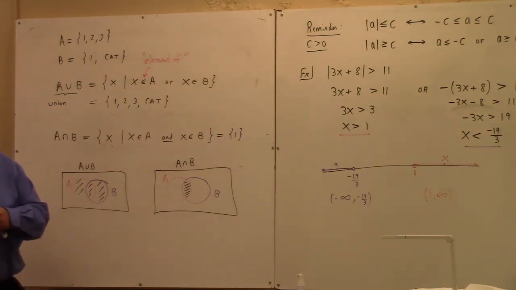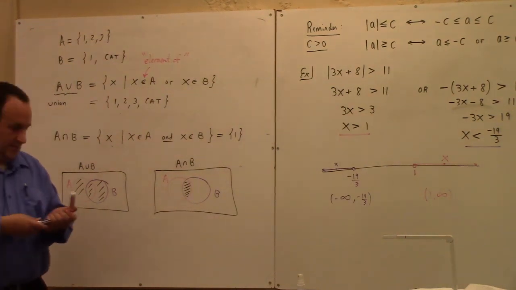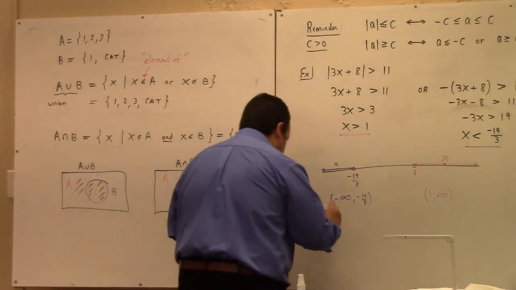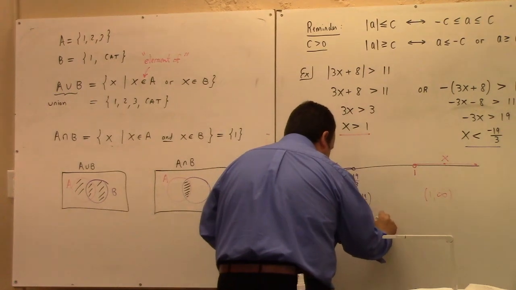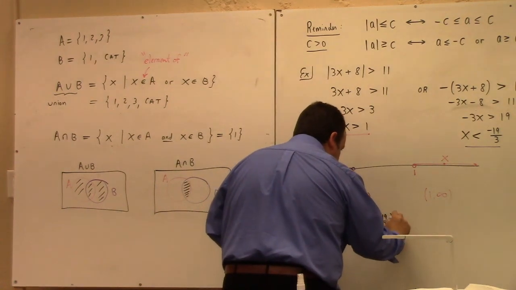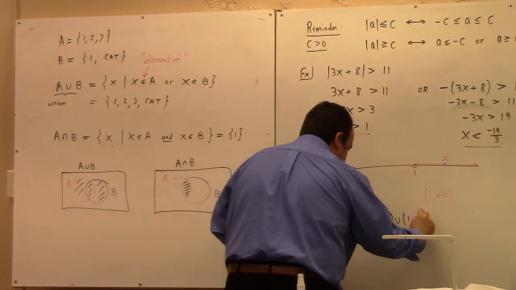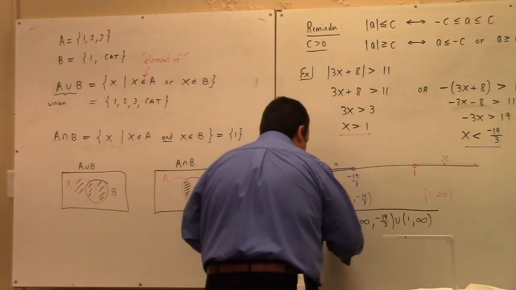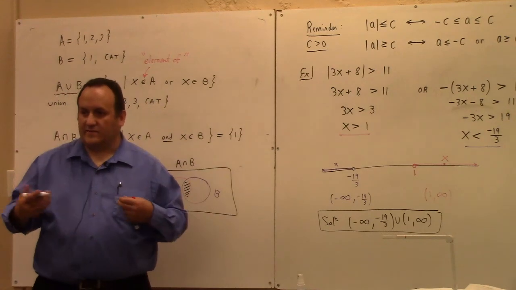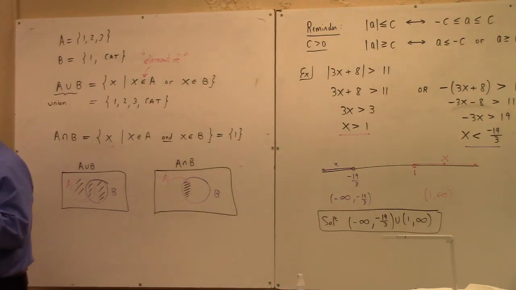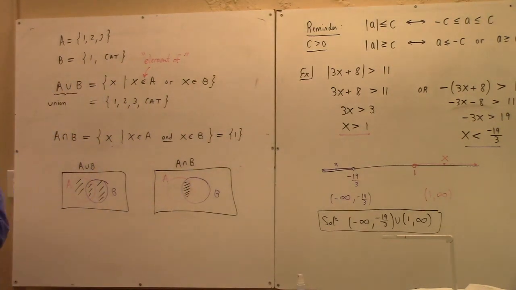We put them together with the union, so the interval notation solution is minus infinity to minus 19 over 3, unioned with 1 to infinity. In Mission 2, when you get a chance to look at it, you'll see I've asked you to write the answer to certain inequalities using interval notation, and I say you might need to use a union. This is what I'm talking about.